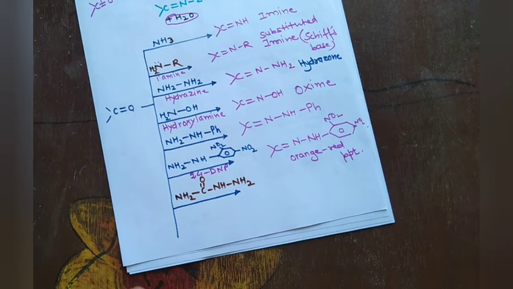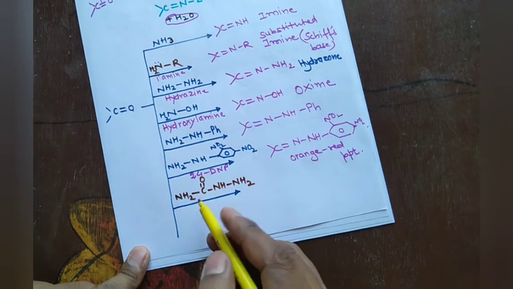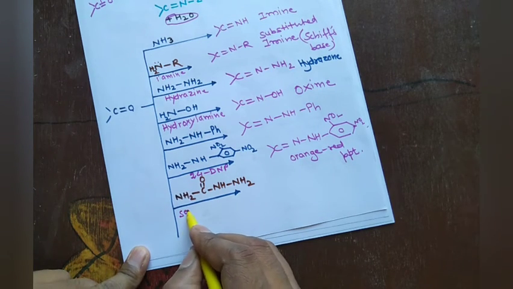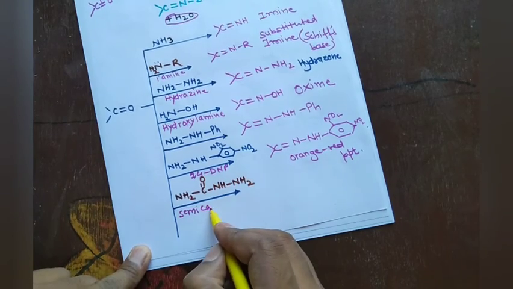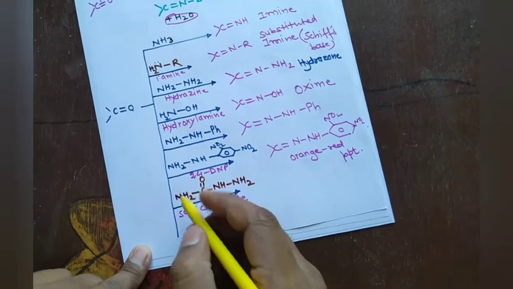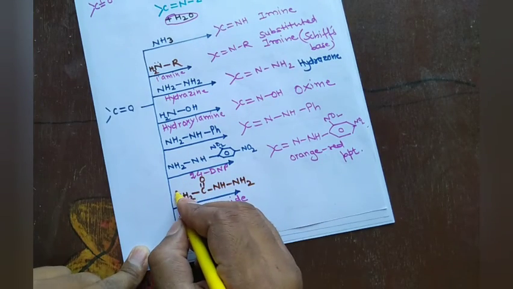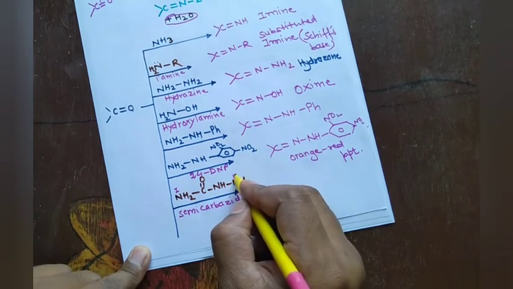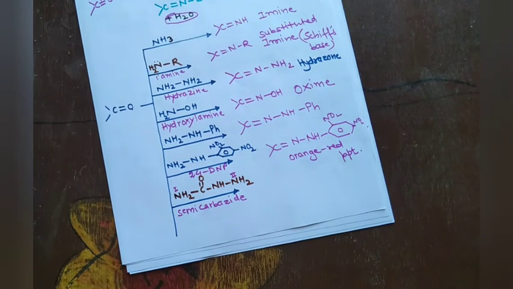Now look at this reagent, semicarbazide. This is called semicarbazide. It has two nitrogens with two hydrogen atoms. Let us mark them as 1 and 2.